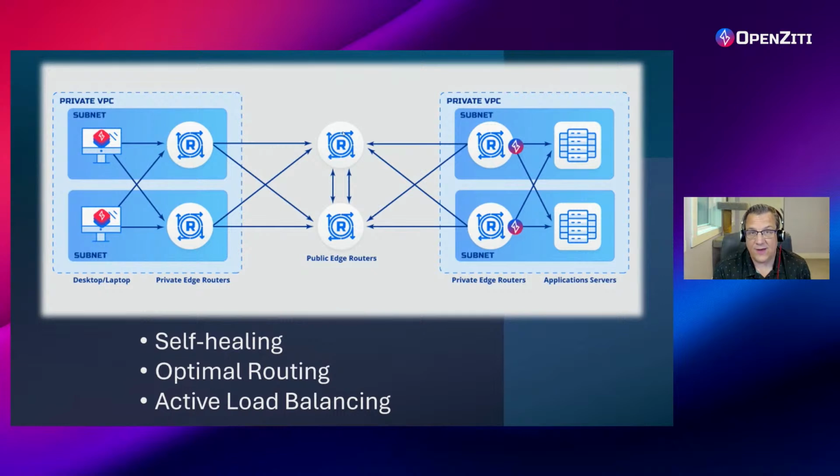You can go ahead and do that, and then you have additional DDoS protections from whatever nefarious type of activities going on out on the internet. On top of that, you can always spin up multiple edge routers, and the mesh itself will heal itself, and the controller will correctly path your data across that overlay network.